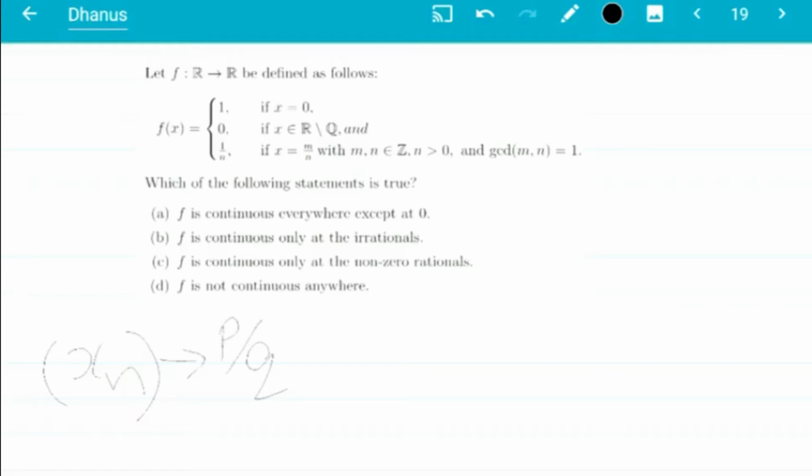Without loss of generality, I am taking GCD of p, q equal to 1. Then f of p by q equals 1 by q.